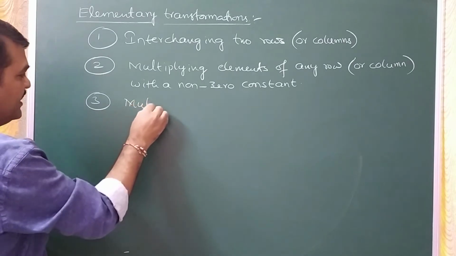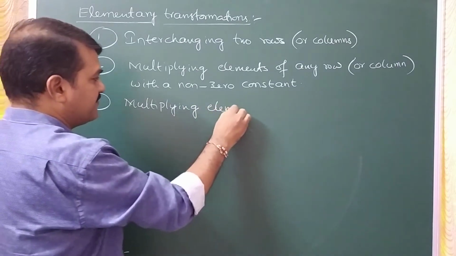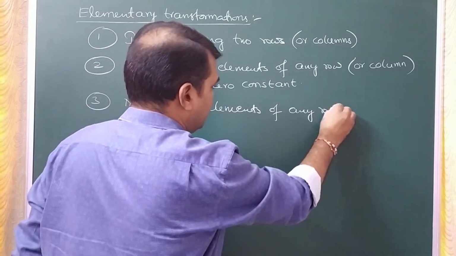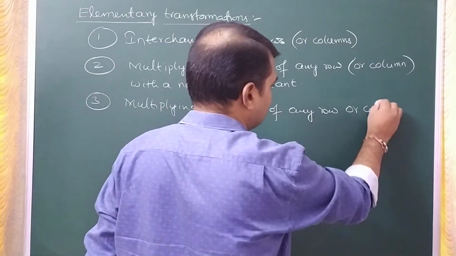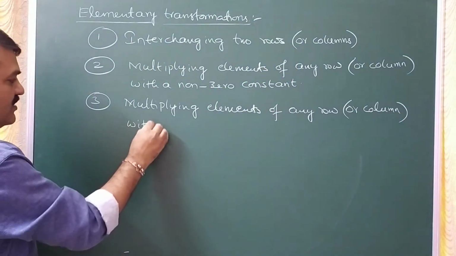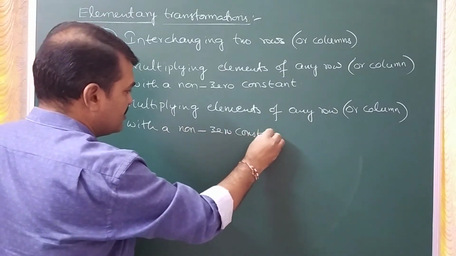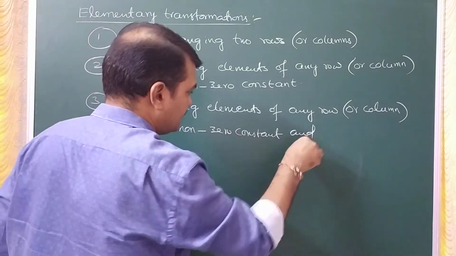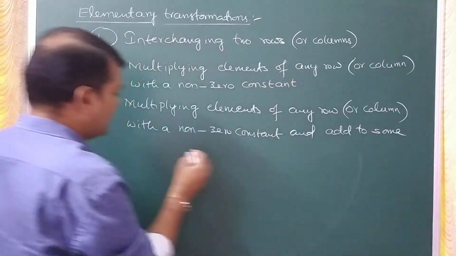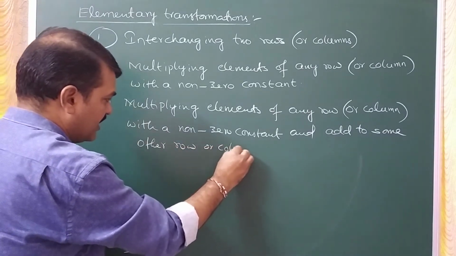So third property is multiply elements of any row or column with a non-zero constant and add to some other row or column.